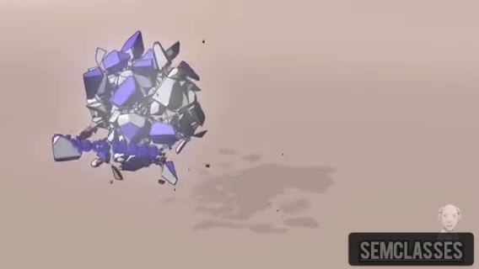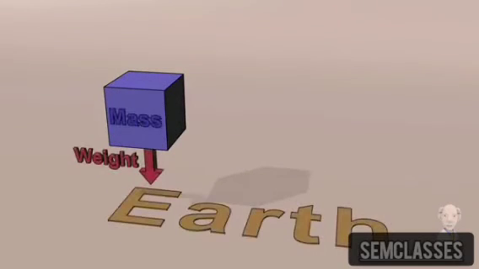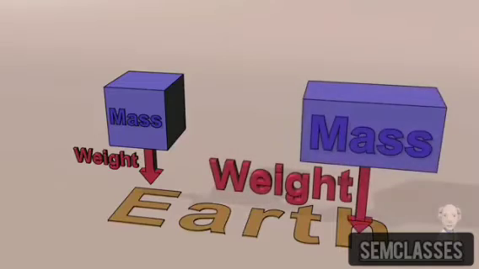The mass of an object is a measure of the amount of matter in the object. It is not the same as the object's weight, which is the attractive force between it and the Earth. However, they are related, since if the mass of the object doubles, the weight of the object will double.